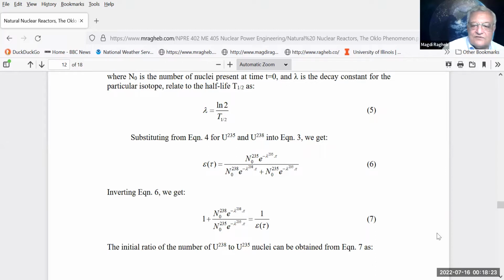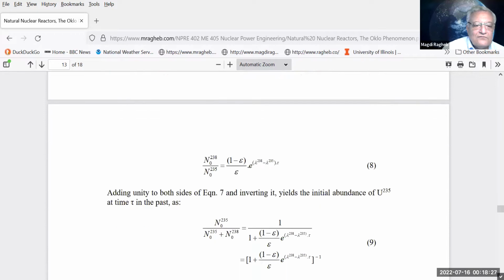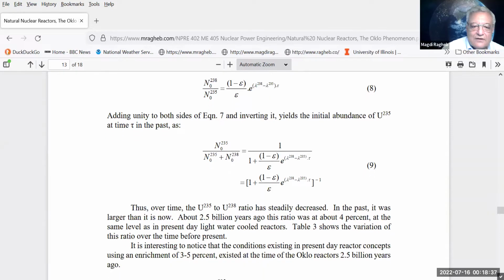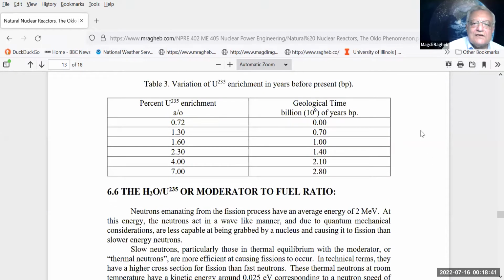What we want to do is find out what is the enrichment at the time of the Oklo phenomenon. So in that case, we solve for N235 divided by N235 plus N238, and we get an expression for it. And in that case, we can put this solution in a table. You're not required to learn the derivation.